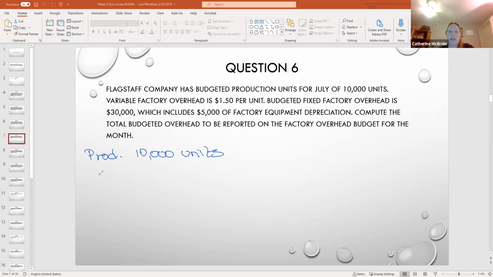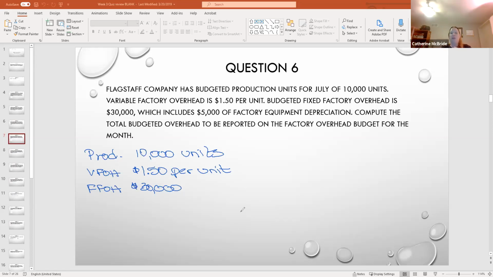Variable factory overhead is $1.50 per unit. Budgeted fixed factory overhead is 30,000, which includes 5,000 of depreciation on the equipment.